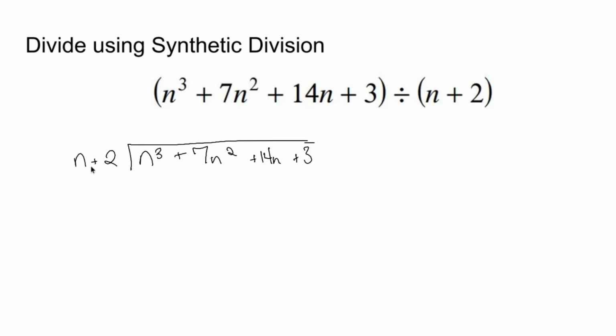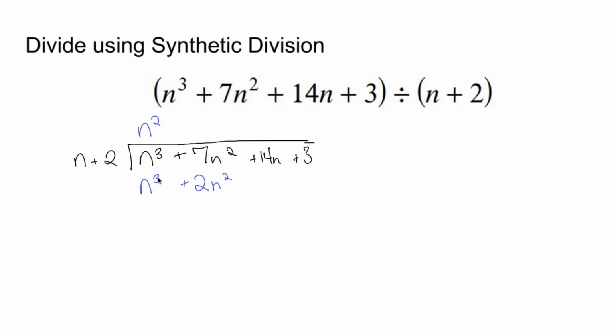Now the way we start this off is we say, n times what gets me n to the third power? Well, n times n squared gets me n to the third power, so write n squared right above there. Take that n squared and multiply it to this entire factor here. So n squared times n is n cubed. n squared times 2 is 2n squared.